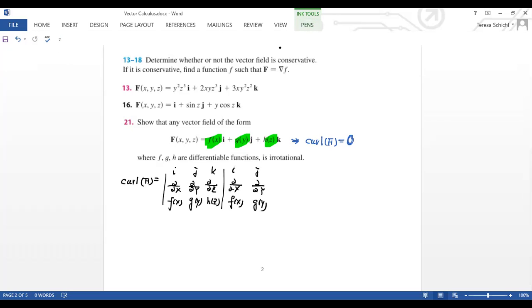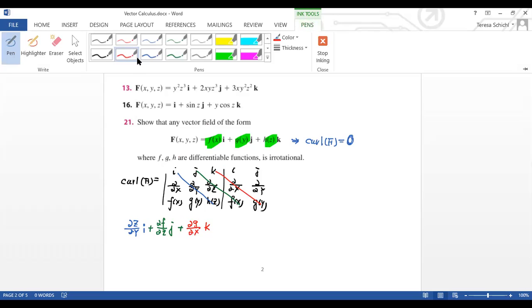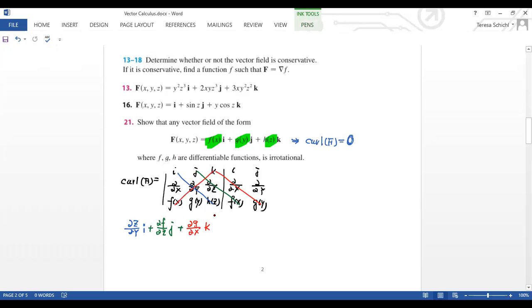This is ∂/∂z, ∂/∂y for the i and the j. This one is a plus ∂f/∂z for the j, then plus ∂g/∂x for the k.